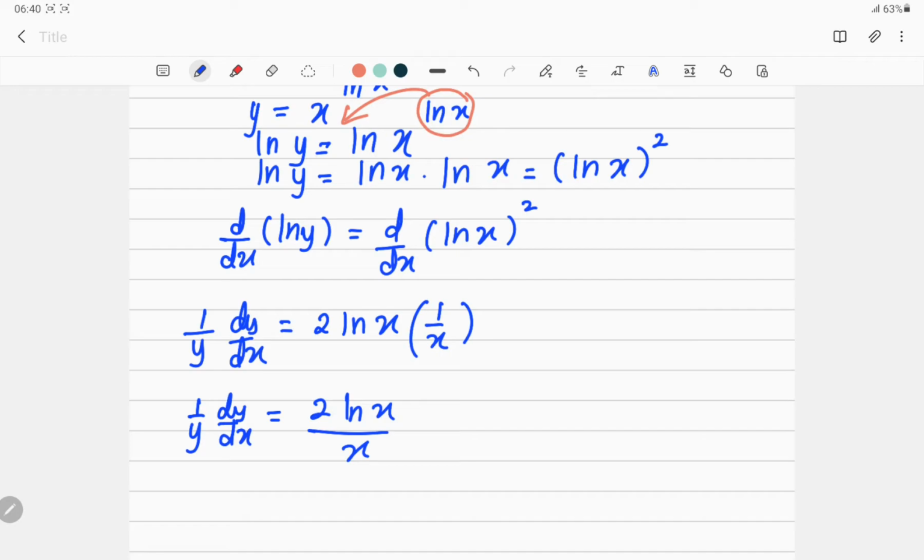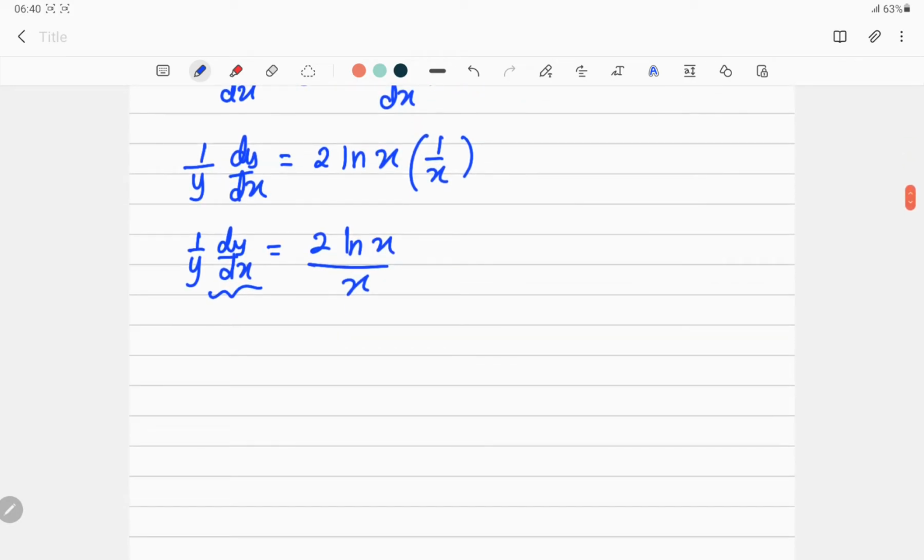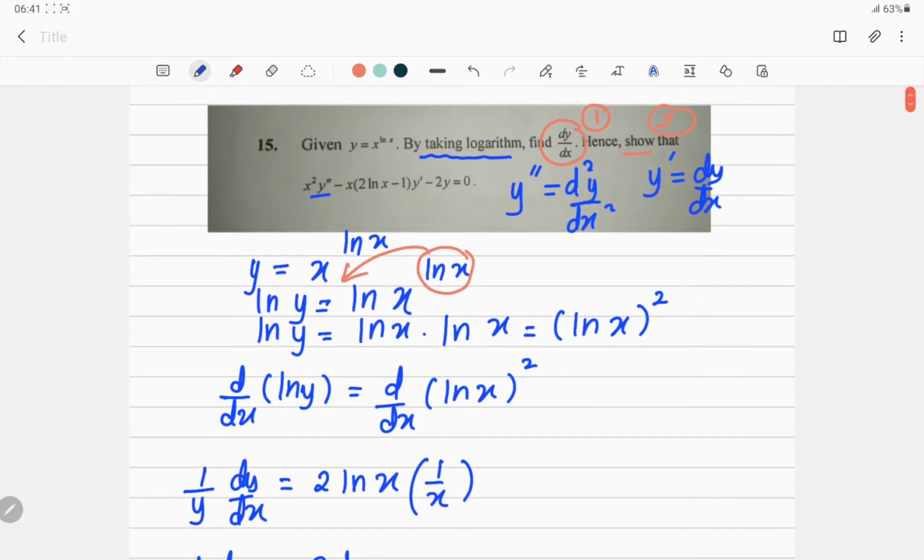Then I just want dy/dx only, so I bring 1 over y to the right hand side. So dy/dx is equal to 2y ln x over x. This is the answer for dy/dx. You can also replace y with x to the power of ln x.